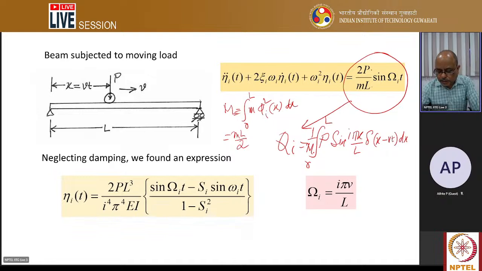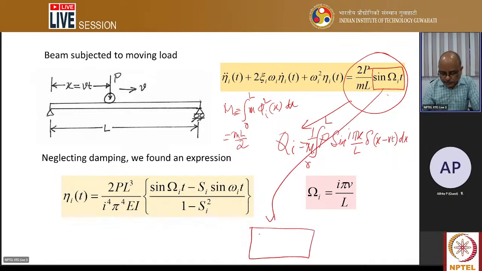So this term that I'm blocking here with a rectangular box is sine omega I t. How is omega I coming? Omega I is coming as I pi V by L. So instead of x, we have put this Vt.